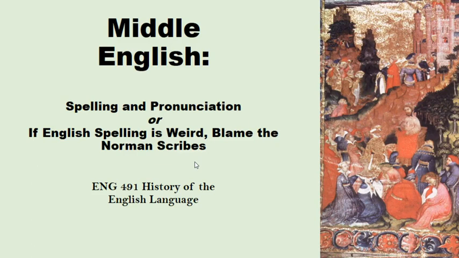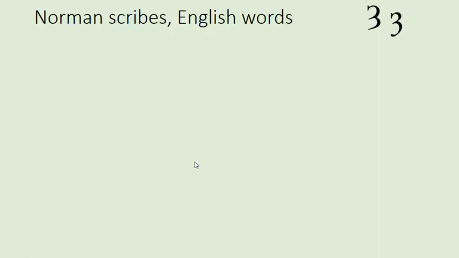For example, C, which we'll discuss, with a different set of sounds than the set of sounds it was associated with in English. The Normans also encountered sounds in English that they didn't have in French, and so they sometimes had to come up with new ways of writing those, because the ways that were used for English already had a different sound in French.